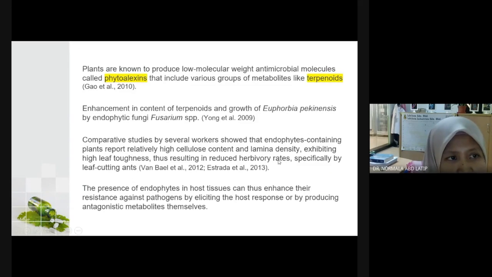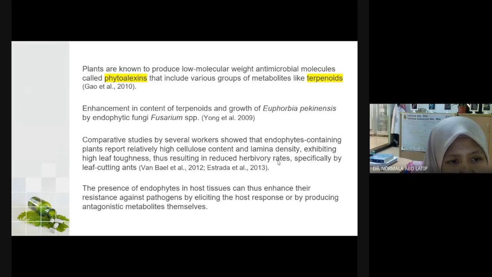The plants are also known to produce low molecular weight antimicrobial molecules, for example, the phytoalexins. These phytoalexins include a group of metabolites, for example, the terpenoids. There is enhancement of terpenoids and also growth of Euphorbia pekinensis by the endophytic fungi Fusarium species. There are also comparative studies by several workers showing that endophyte-containing plants report relatively high cellulose content and also high laminar density.